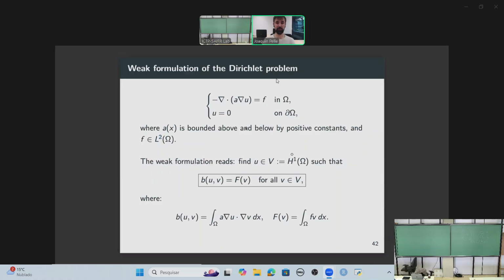So then the weak formulation of this problem essentially can be put in this form. This I think you have also seen before. Just a little recap.